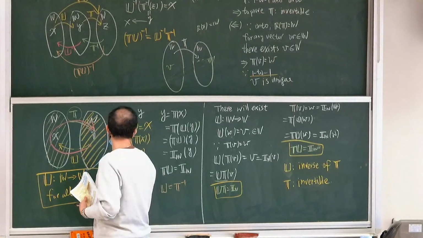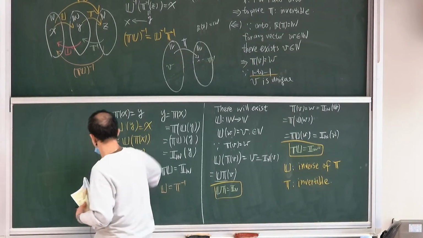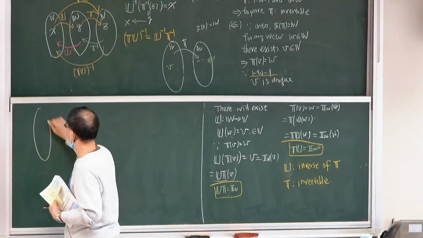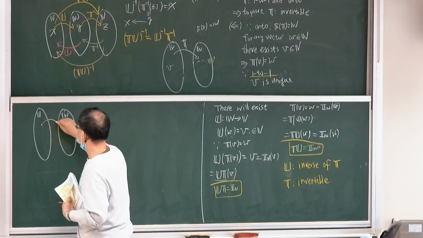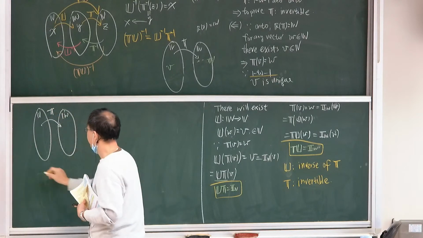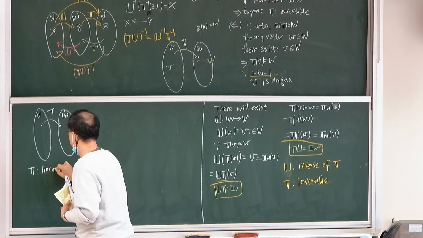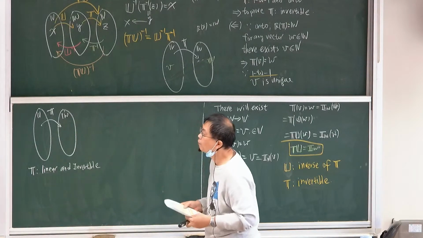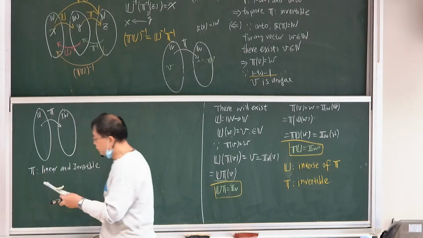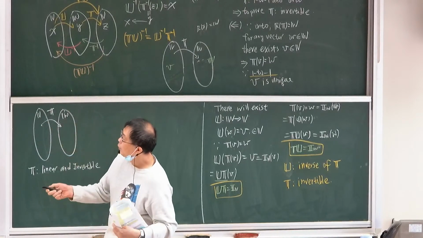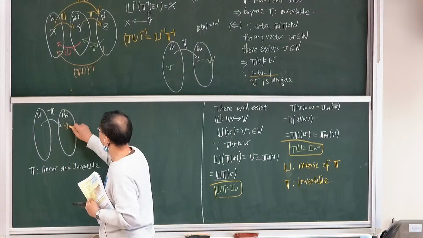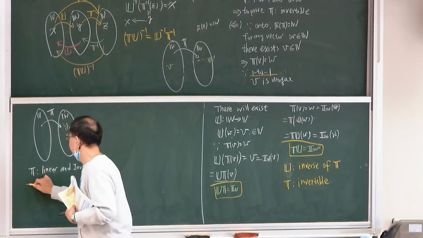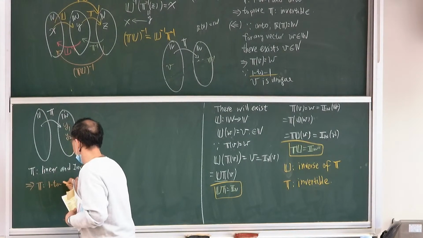What we are going to prove is that, given two vector spaces V and W, where T is linear and invertible, we can assume y1 and y2 in W. Because T is invertible, we know T is 1 to 1 and onto.